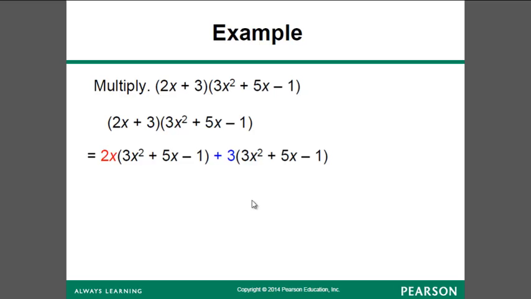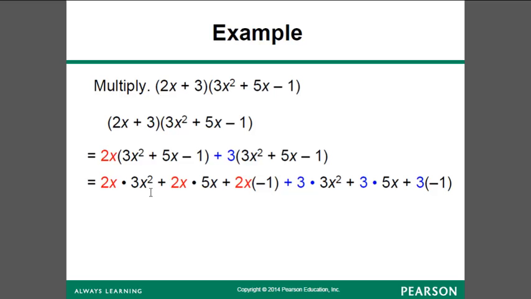When I do that, I'm also going to distribute the 2x into the first set of parentheses, and I'll distribute the 3 into the second set of parentheses. So I get 2x times 3x squared plus 2x times the 5x plus 2x times a negative 1.